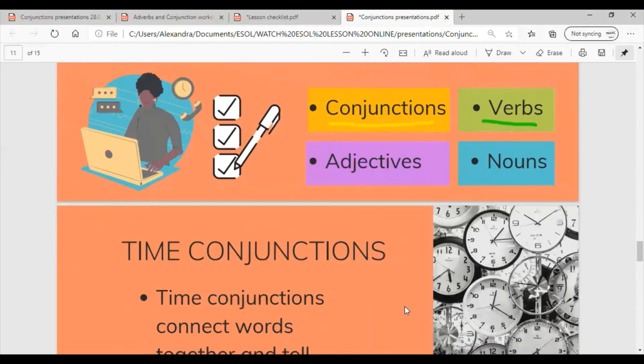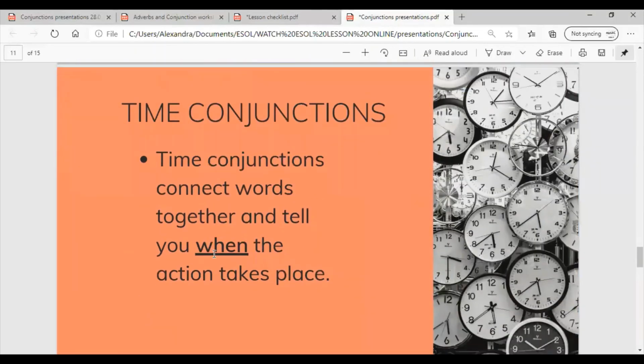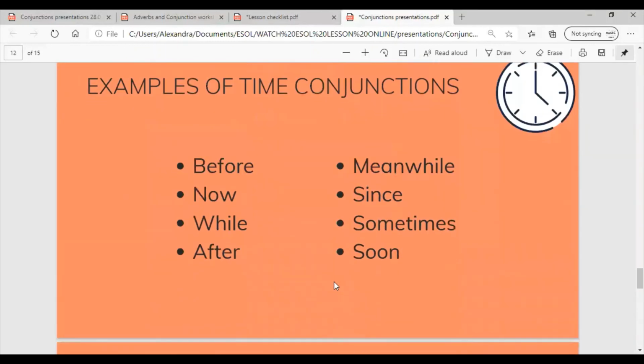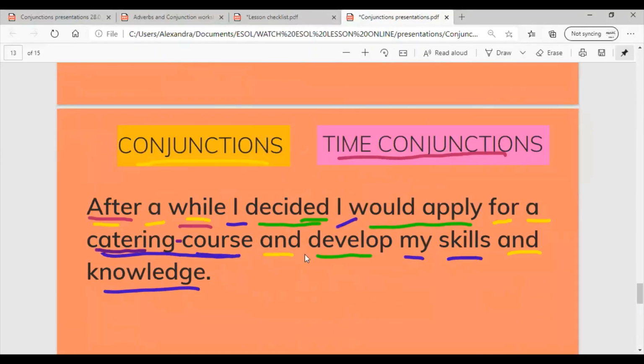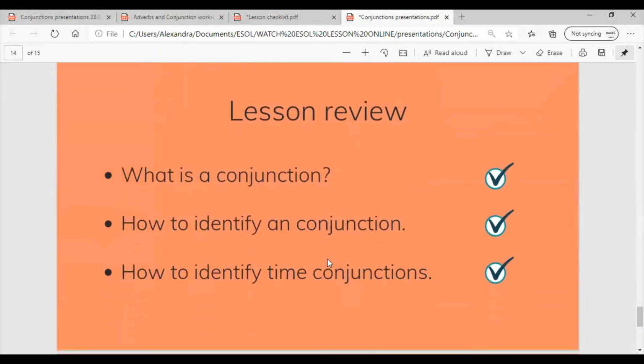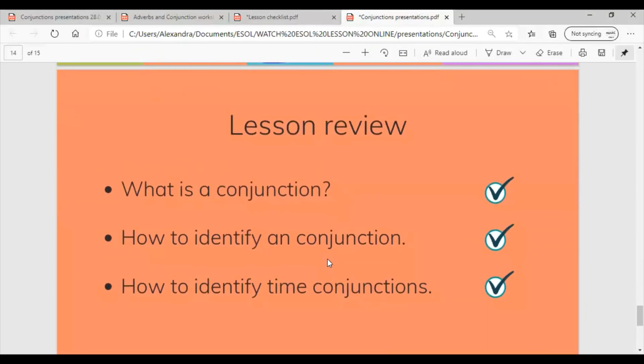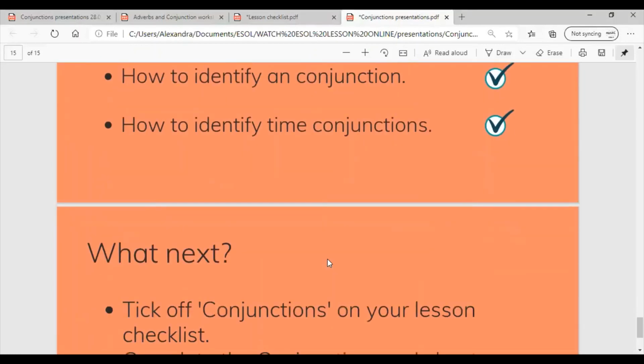And remember, time conjunctions tell us when the action takes place. So something like before, now, while, or after. These are all time conjunctions, as they're telling us when something takes place, but they can also be connective words like after and while. Okay, so there is a quick overview of what we've looked at today.